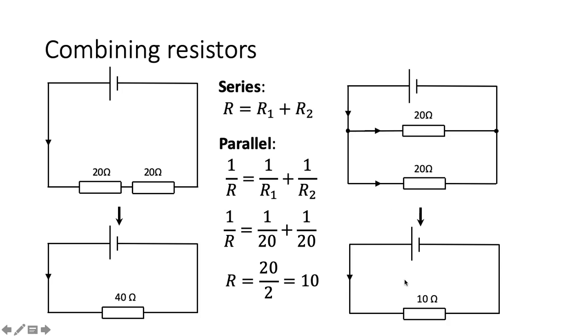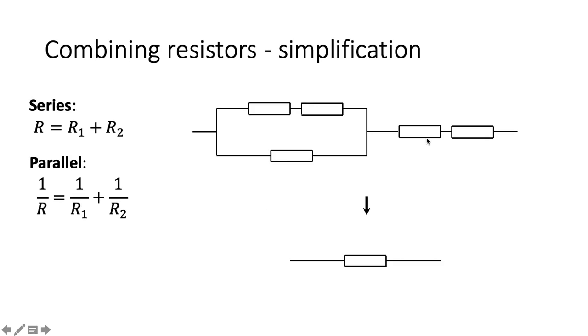In fact, the rule is that whenever you add a resistor in parallel, the combined resistance must be less than the smallest resistance. If you have identical resistors, such as we have here, then it's very simple because the combined resistance for two identical resistors in parallel will always be half any one resistor.